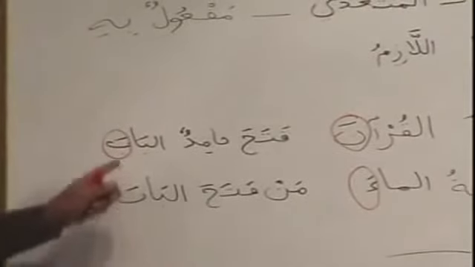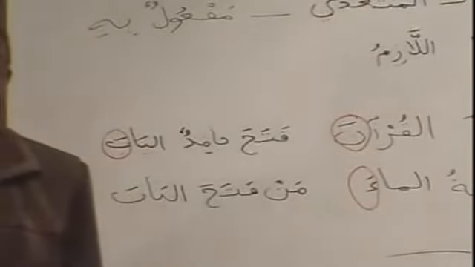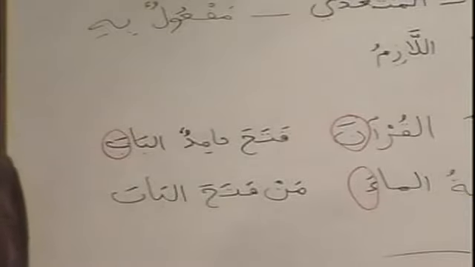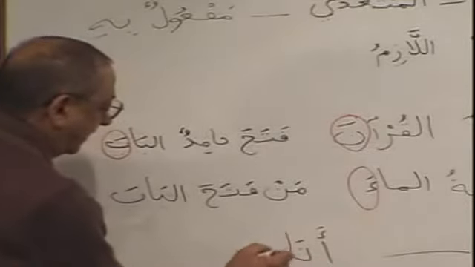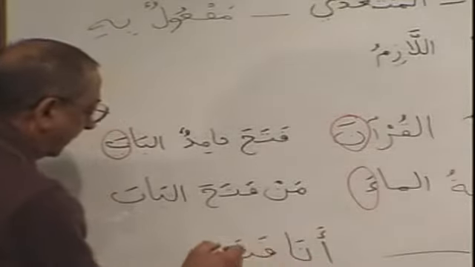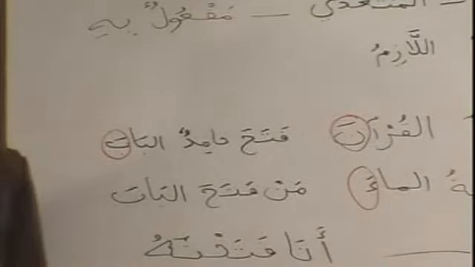See, now instead of, he can say Ana fatahtul baba, but instead the more suitable answer will be Ana fatah. See, now fatah is your verb, tu is your fa'il, and then who is your, what is who, brothers and sisters? Maf'ulun bihi. Got the idea?